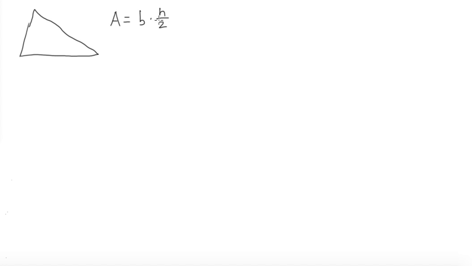So 2 doesn't change. It's always going to be there. If you remember correctly, the perimeter of a rectangle was P equals 2L plus 2W. The 2 doesn't change. That's called a constant. The symbols are called variables, and they do change because they vary. That's why they're called variables.